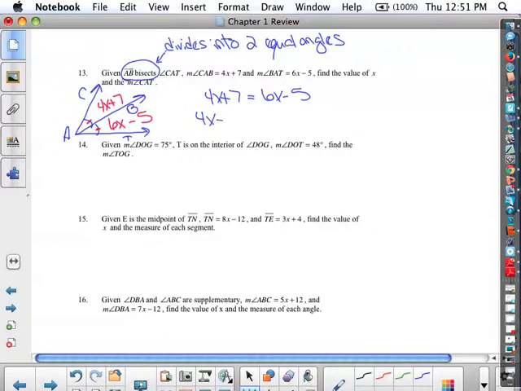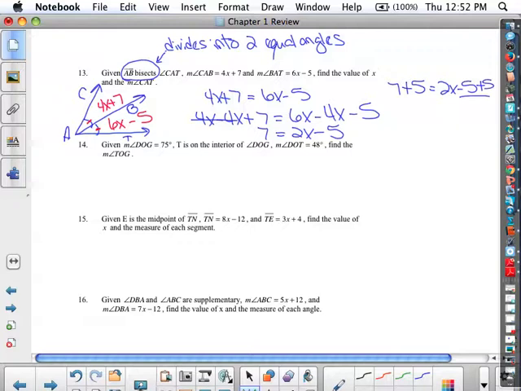So subtract 4x from both sides. 4x minus 4x plus 7 equals 6x minus 4x minus 5. They cancel, so 7 is equal to 2x minus 5. Add the 5 to both sides, and you're going to get 7 plus 5 is equal to 2x minus 5 plus 5. They cancel, and you have 12 is equal to 2x, so x is equal to 6.